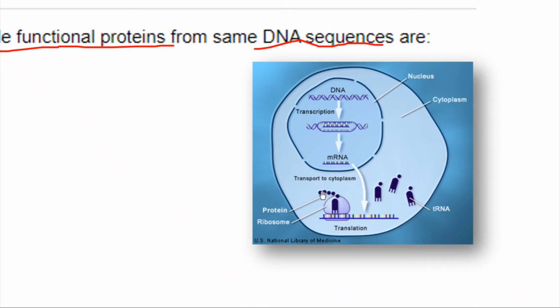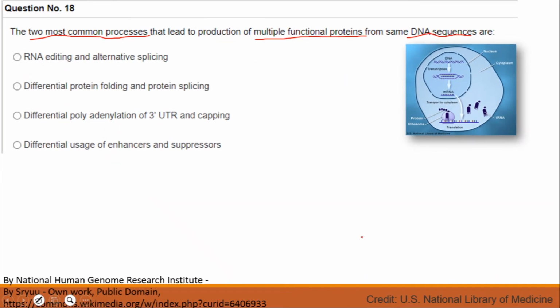Now, between transcription and translation, before your functional protein is formed, there are some other processes called post-transcriptional and post-translational modifications. These modifications are very important for preparing a functional product or a protein having a particular function. As we can see in this question, you have been provided with various options. All these processes are post-transcriptional and post-translational modifications.